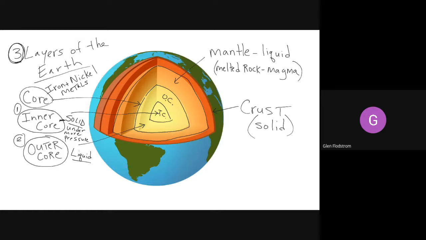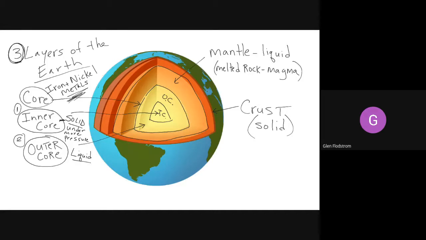Now, as you can see, they're made of metals. This goes back to the birth of the Earth. The theory is that there was a protoplanet and there were these collisions, and if you look at asteroids, they're predominantly metals, and the metals are iron and nickel.